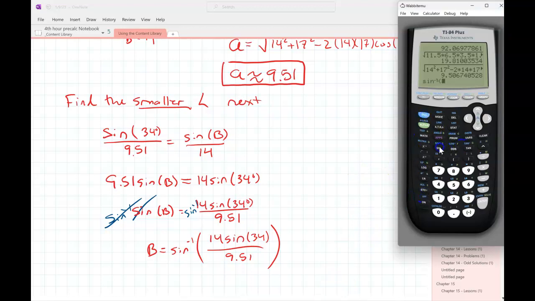Second sine to get the sine inverse. I do alpha y equals to get me the fraction, and 14 times sine 34 divided by the 9.51. I did second and the negative sign to get the answer rather than having to type that in. And I get 25.44.